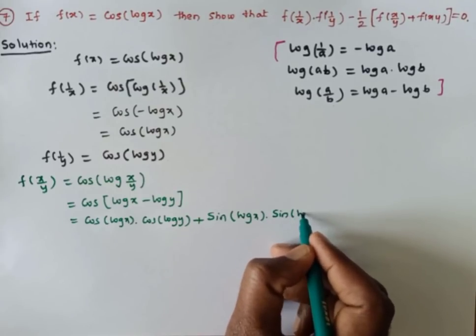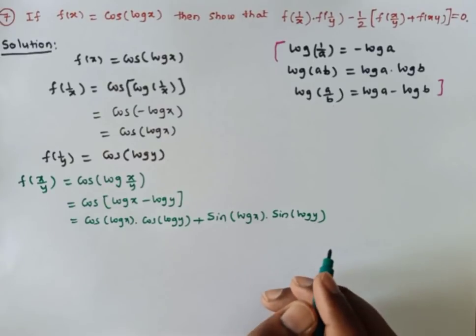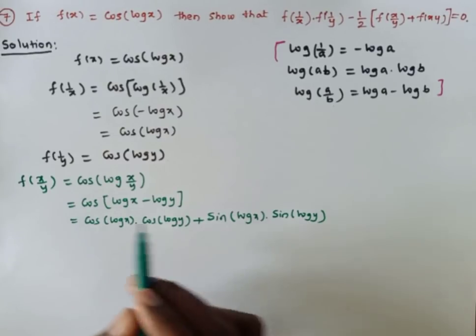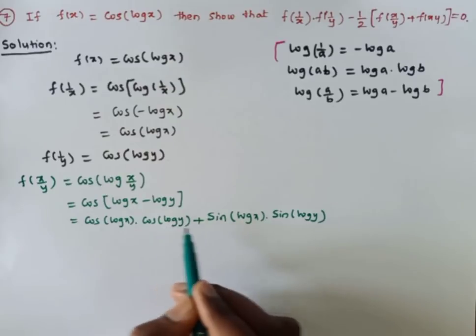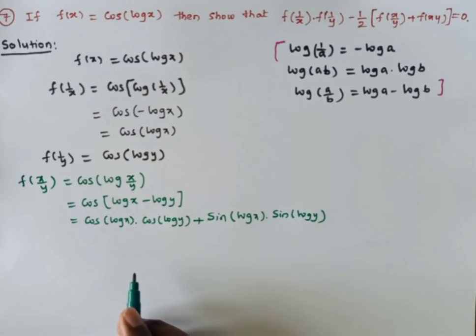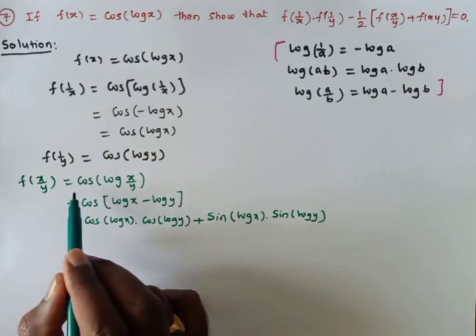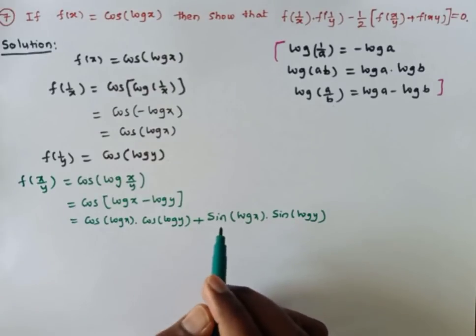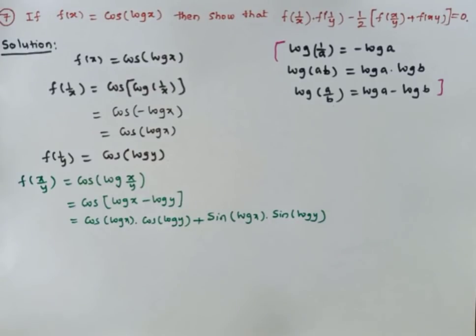We will derive this formula in our next chapter, trigonometry, so how cos of a minus b is cos a cos b plus sin a sin b. Right now just remember it.